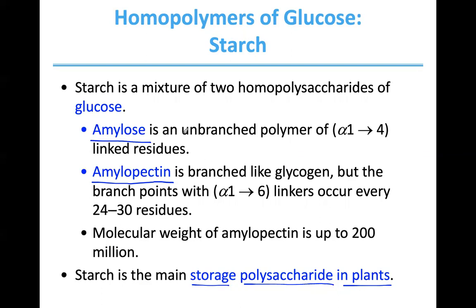So amylose is just an unbranched polymer of alpha 1 to 4 linked residues, and amylopectin is branched like glycogen, but the branch points are actually less frequent. They occur every 24 to 30 residues. And you can see molecular weight of amylopectin is up to 200 million.